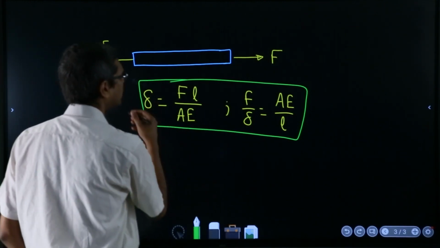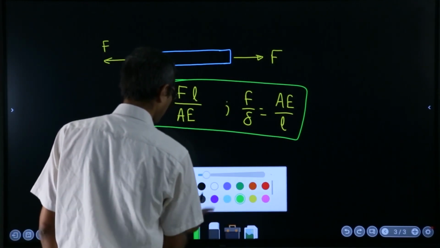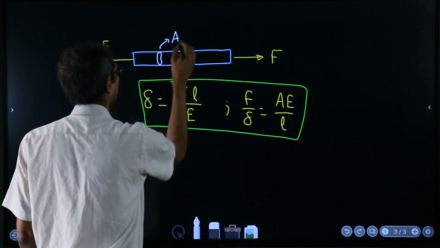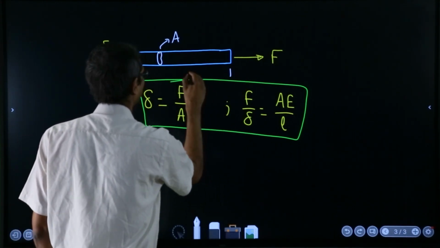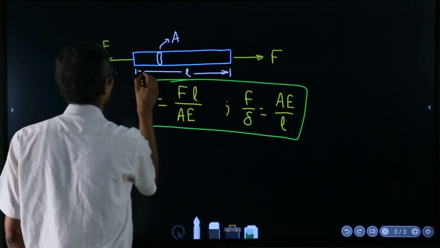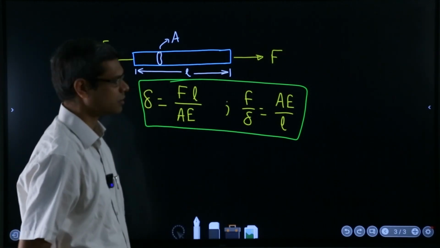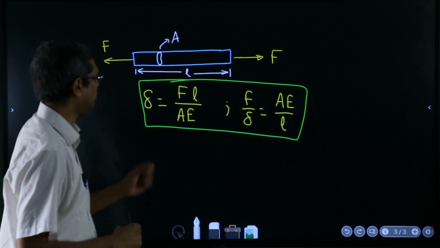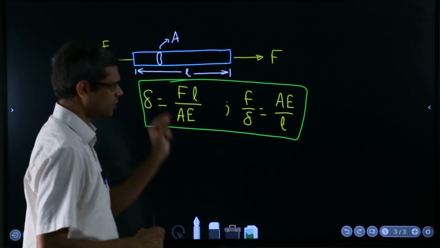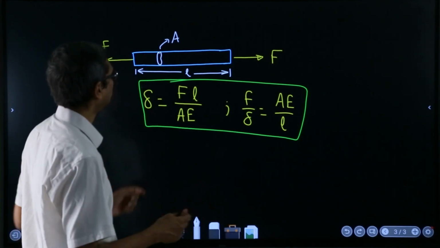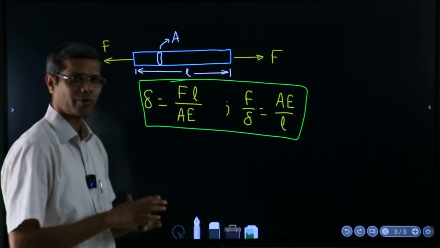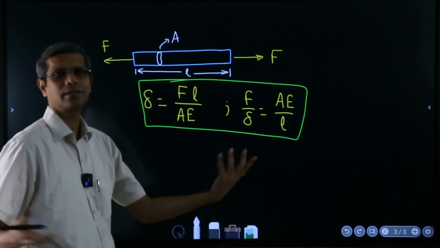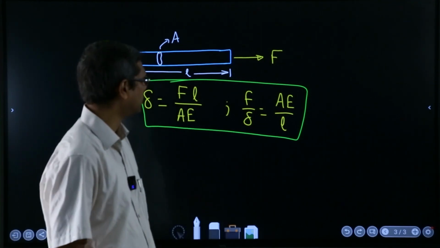I'll put it here: this is the area A and the length L. If any of the assumptions is violated, you cannot use this, but the solution is to go to a small length where you can assume the condition again prevails. For that small segment you can again apply all these things, and then integrate in the usual way to get the full solution.